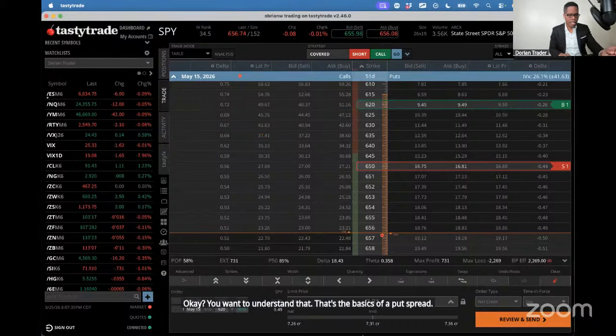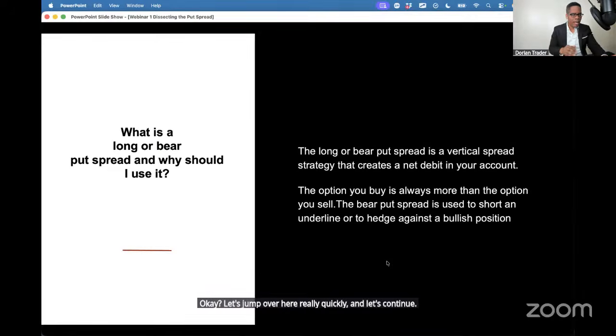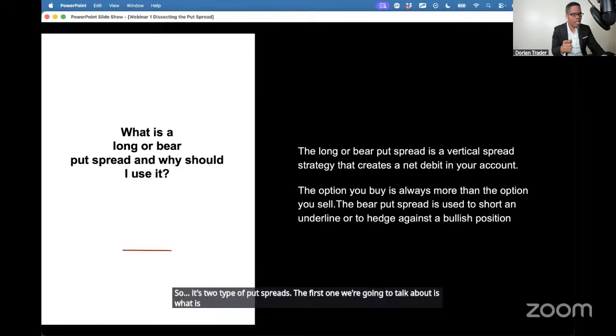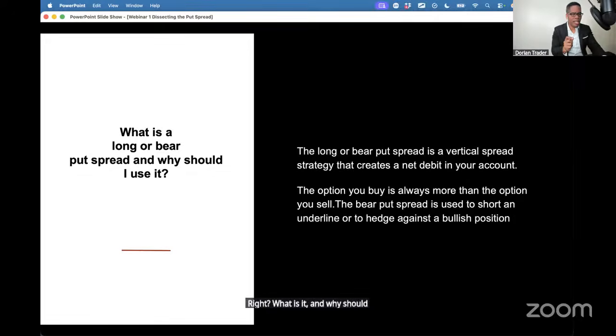Okay, let's jump over here really quickly and continue. There are two types of put spreads. The first one we're going to talk about is the long or bear put spread. A lot of times you're going to hear someone say long put spread, bearish put spread, or bear put spread. What is it and why should we use it?